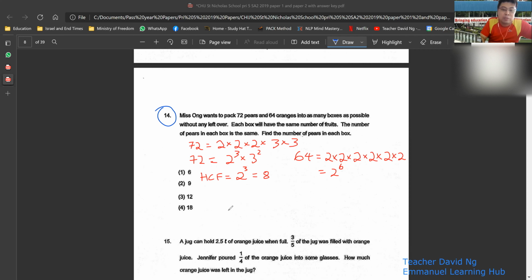You notice by using this method, you don't have to go through the hassle of listing out the factors of 72. If you list out, you waste a lot of time.